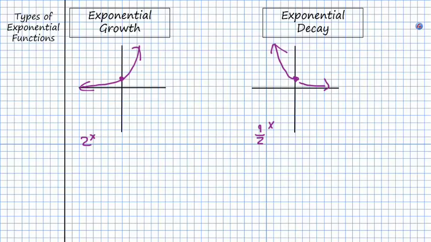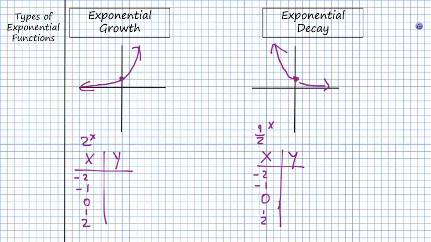So let's go ahead and make some charts. So we're going to give them the same inputs. So we have x, we have y, we have x, and we have y. All right, so we're going to choose -2, -1, 0, 1, and 2. And then from there, what we'll see is that we can choose the same inputs over here. So -2, -1, 0, 1, and 2.